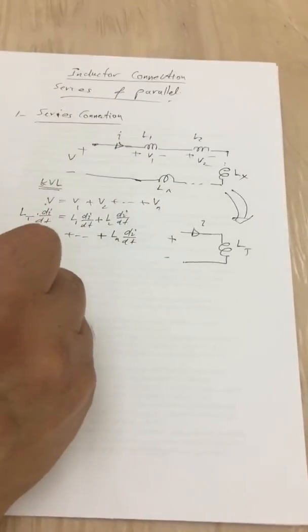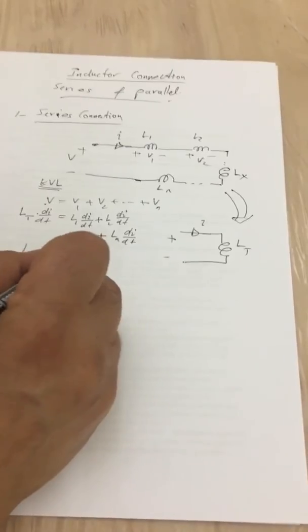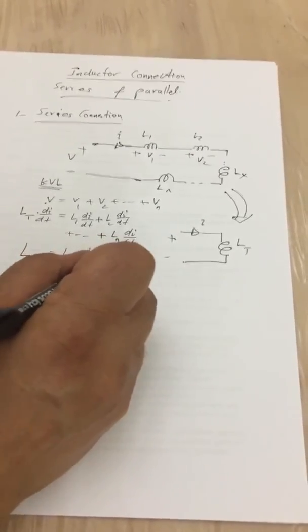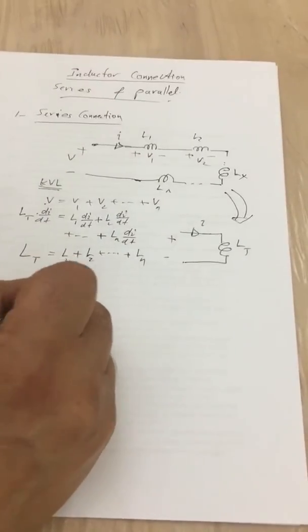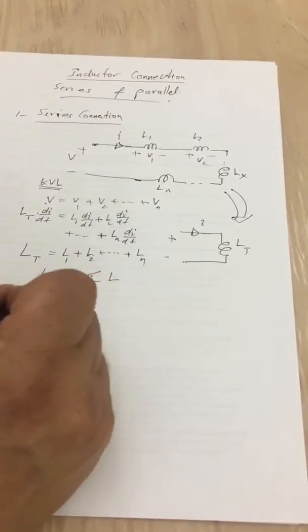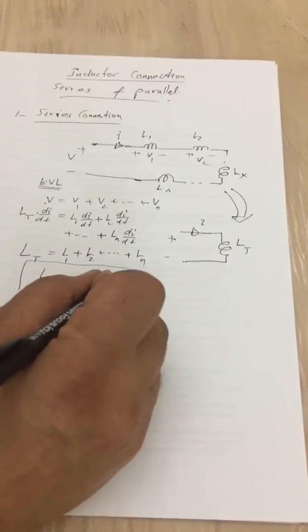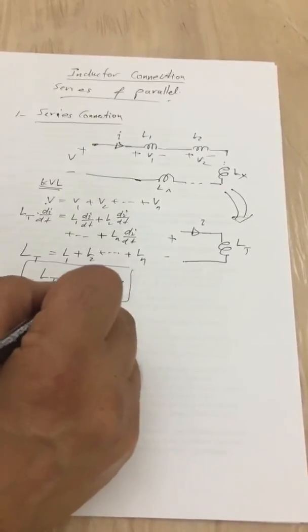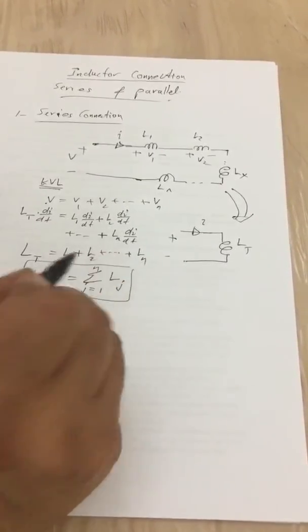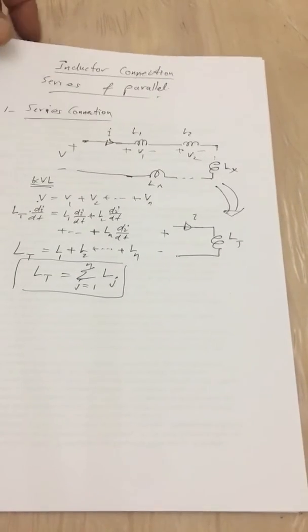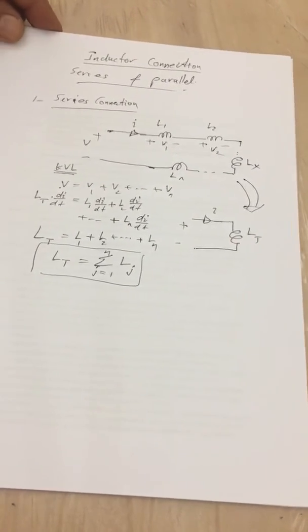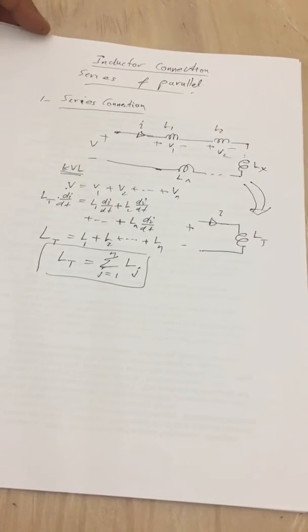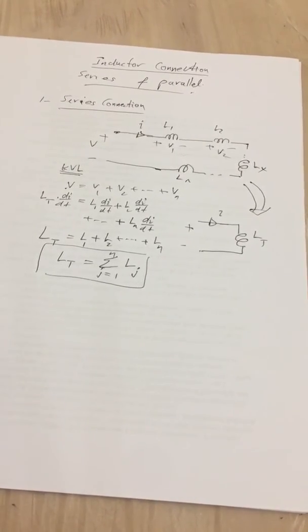So this will give you L total equals the sum of all of them, similar to the resistors, L total equals the sum of Lj from j equals 1 to n. Okay, so if we have inductors connected in series, then we add them to give you the total inductance.